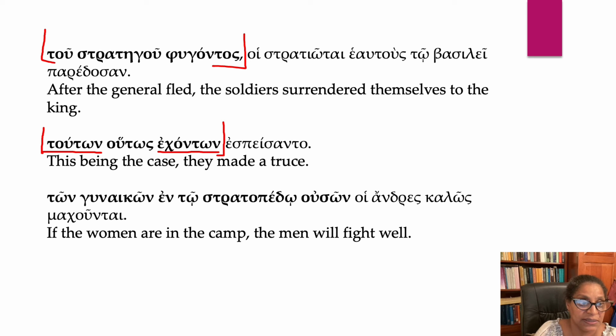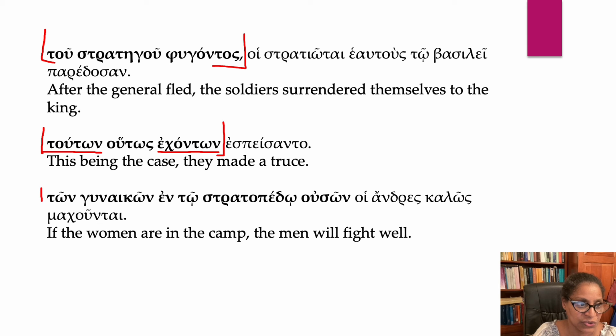So this being so, this being the case, they made a truce. Because this was the case, they made a truce. Although this was the case, they made a truce. When this was the case, they made a truce. If this was the case, they made a truce. Kind of problematic if it's a condition. Again, you tend to need a future for a condition.